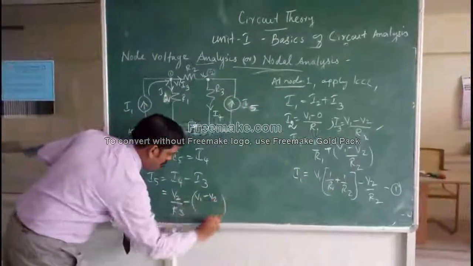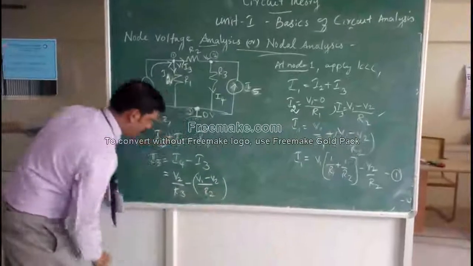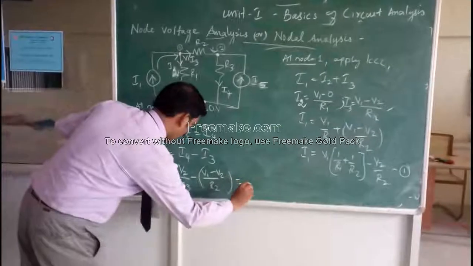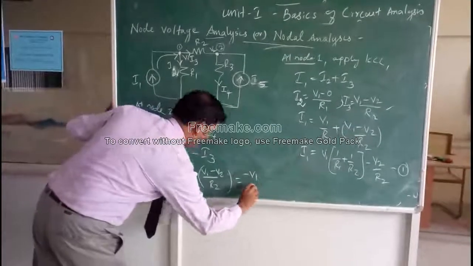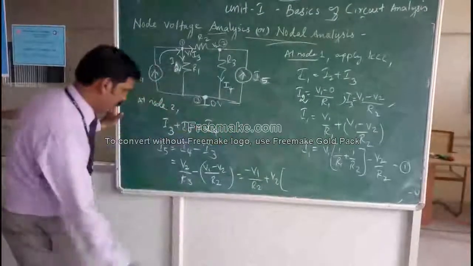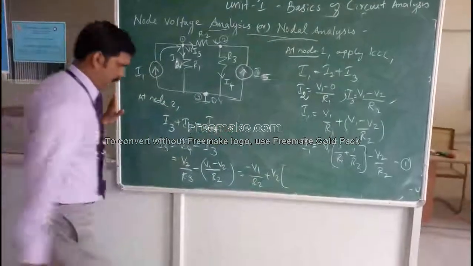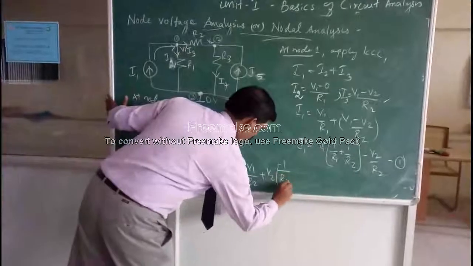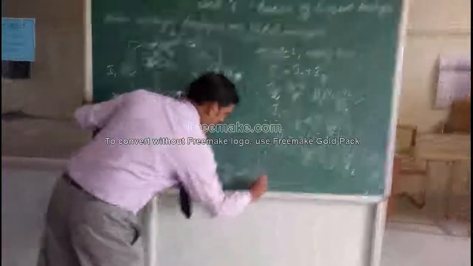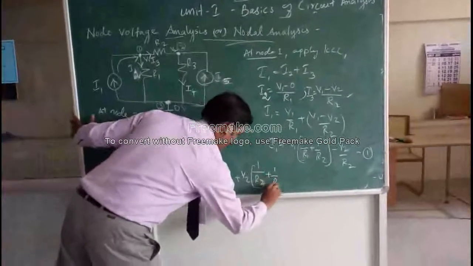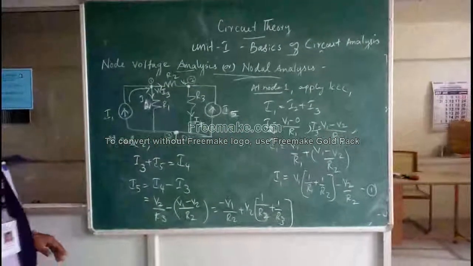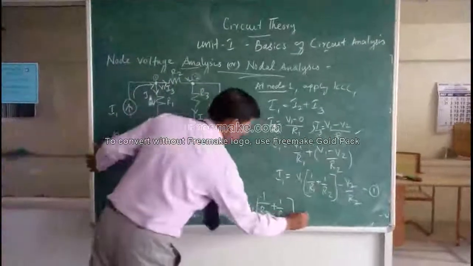Once we simplify this, we get minus V1 by R2 plus V2 times (1 by R2 plus 1 by R3). So now you can call this equation 2.